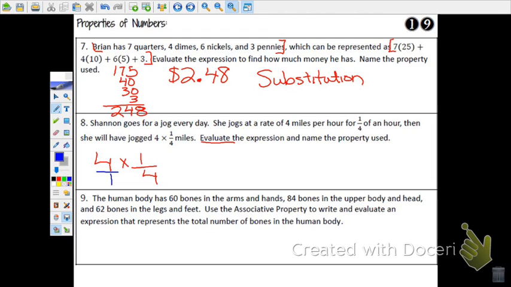Not cross multiply. I could simplify before I multiply, because 4 goes into itself once. Okay. How do I multiply those fractions together? Straight across. So 1 times 1 is 1, 1 times 1 is 1, which gives me an answer of 1 mile.